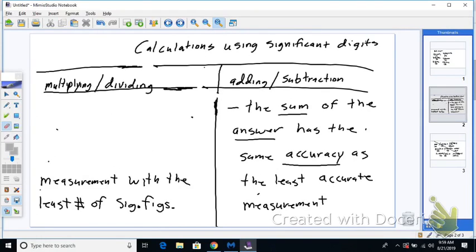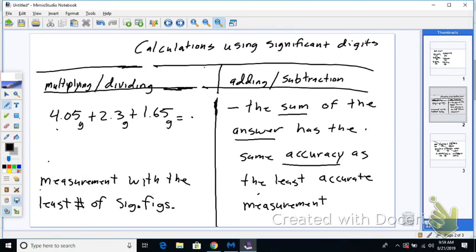Okay. Mr. Garland, what do you mean, like, the accuracy? Okay, that's what I'm going to talk to you about now. Okay? So, I've got a 4.05, and this will make sense once we do 2 examples. Let's say that we're adding some weights together, and we want to come up with a final answer.